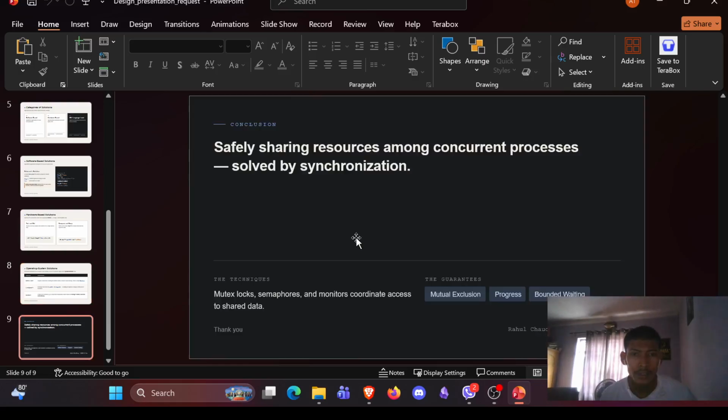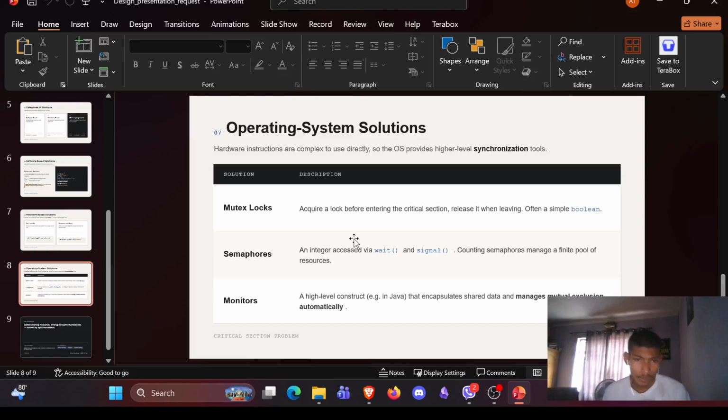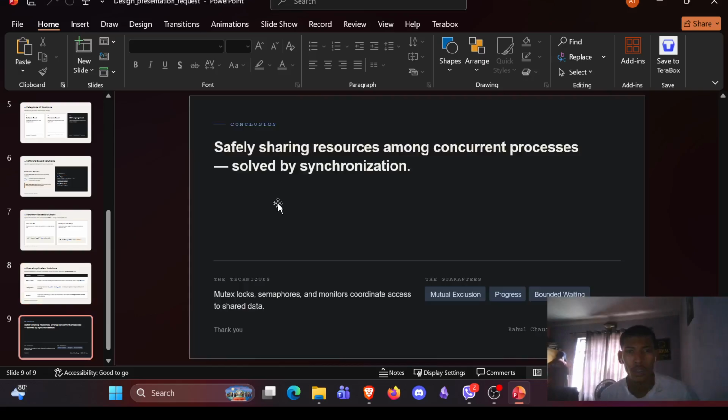Now on to the conclusions. To summarize, the critical section problem is about safely sharing resources among concurrent processes. Any valid solution must guarantee mutual exclusion, progress, and bounded waiting. Those three are the requirements of the critical section problem.